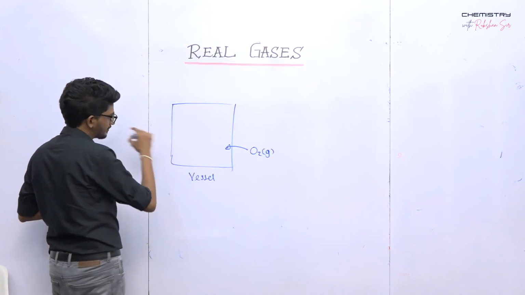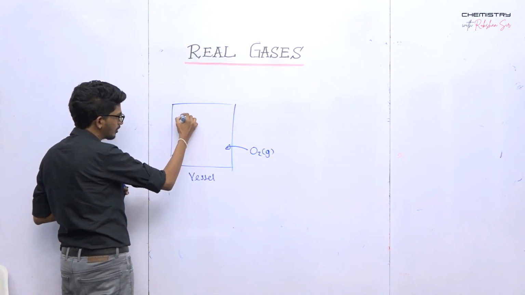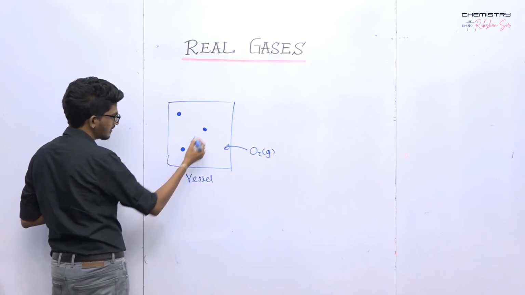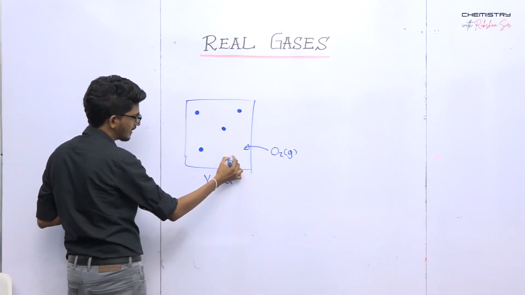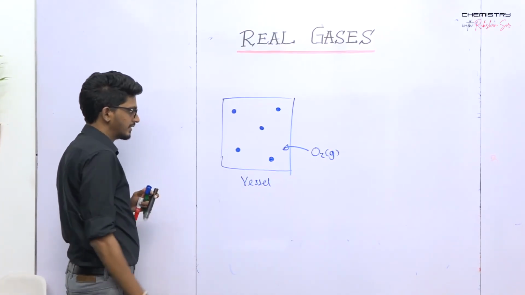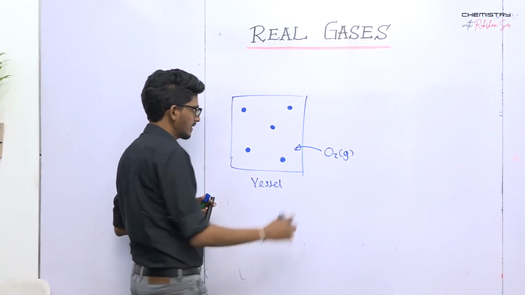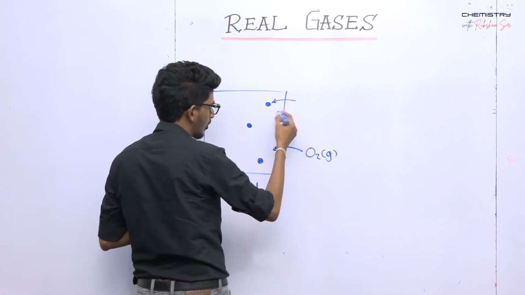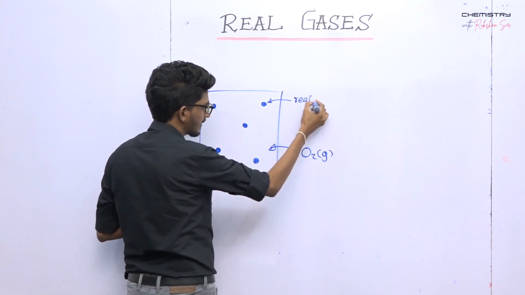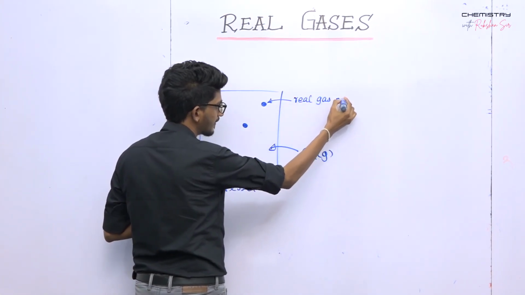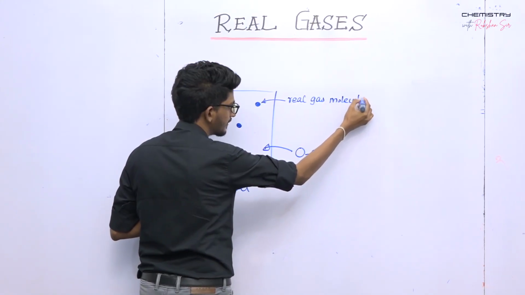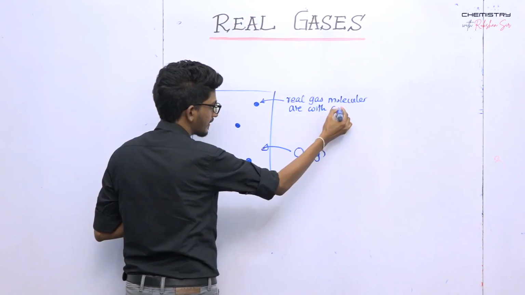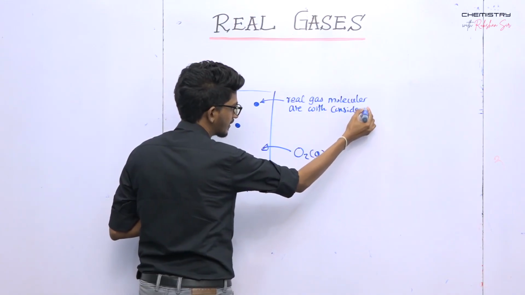Real gas molecules are not like ideal gas molecules; real gas molecules have some volume, a considerable volume.